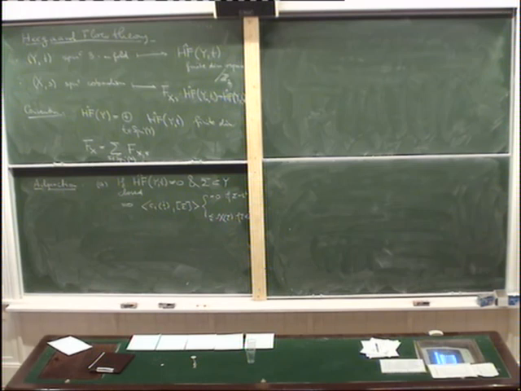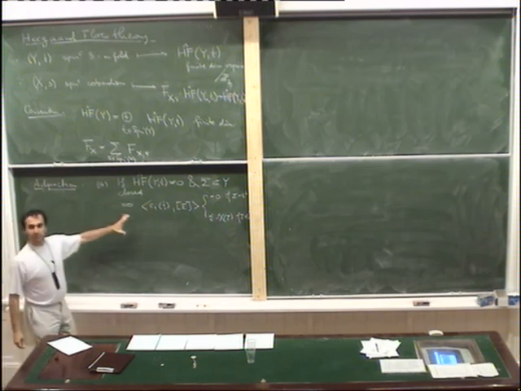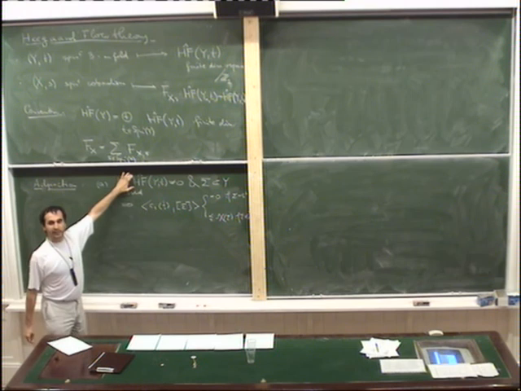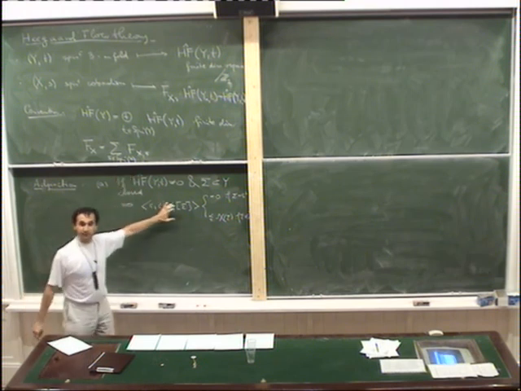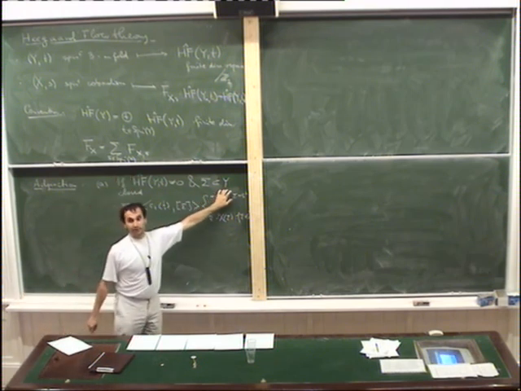So somehow you immediately see that there is a strong relation between the possible non-trivial Heegaard Floer groups and the geometry of the underlying three-manifold Y.